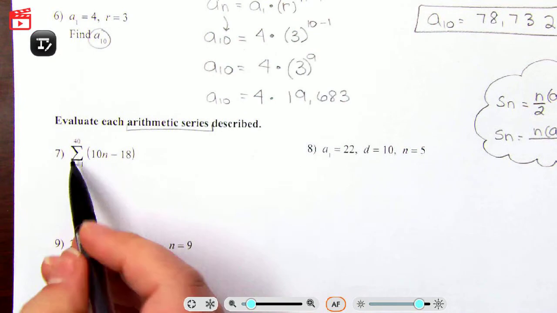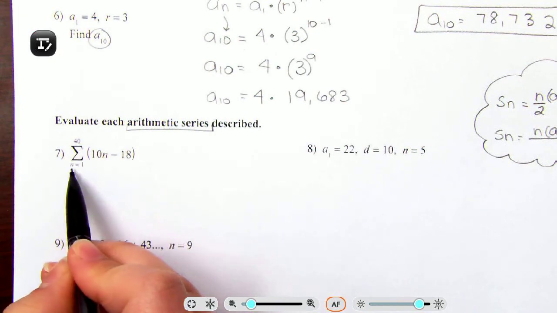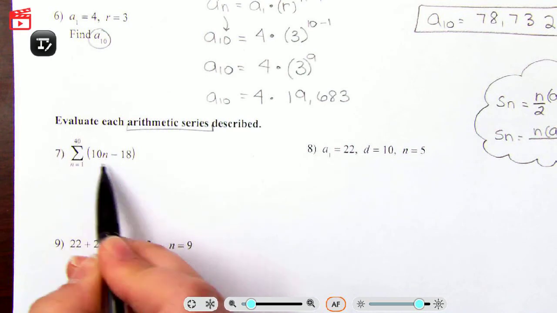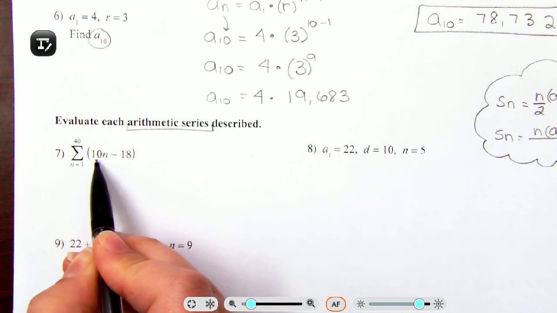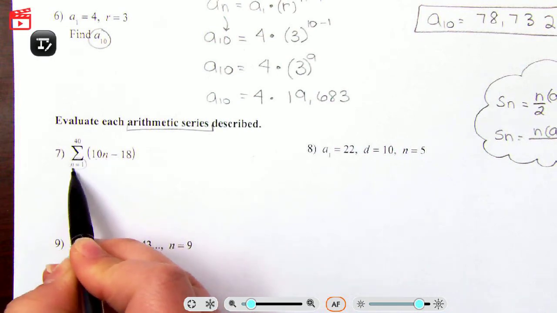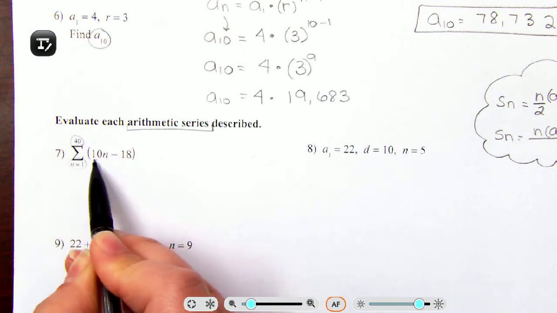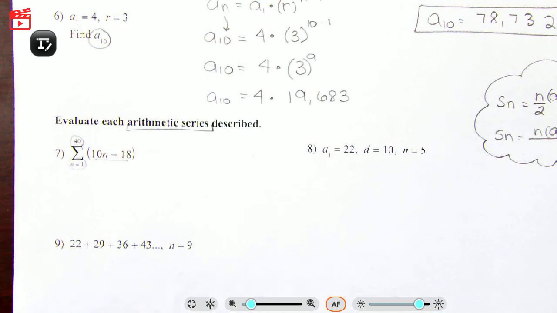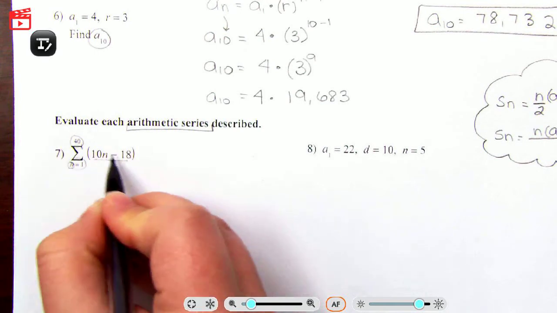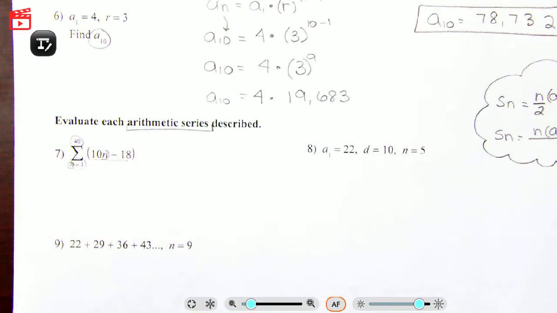The sum from n equals 1 to 40 of 10n minus 18. So this is your lower limit. This is your upper limit. This is your explicit formula. Just so you guys can remember, this n is just telling you that the variable you're using in your formula is n.